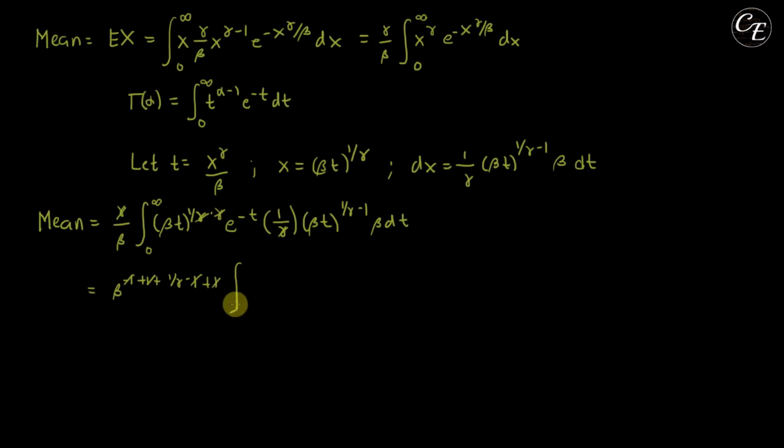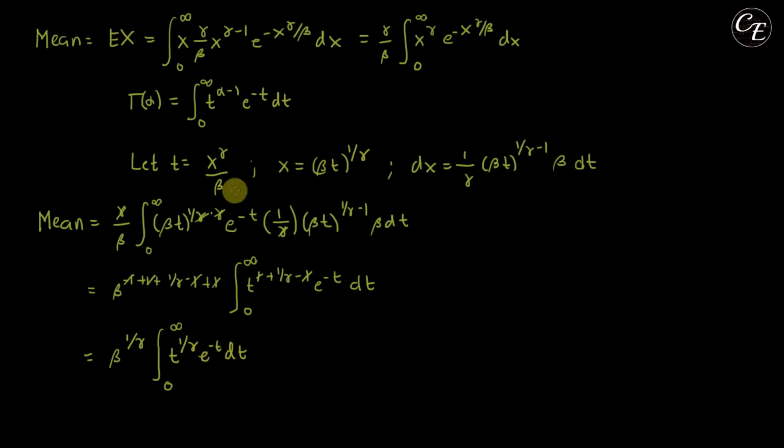Then in the integral, let us combine both of these, so we have t raised to 1 plus 1 over gamma minus 1. Then e raised to negative t, then dt, from 0 to infinity. Then we can cancel out this 1 and minus 1. So we are left with beta raised to 1 over gamma, then integral of t raised to 1 over gamma, then e raised to negative t dt from 0 to infinity.